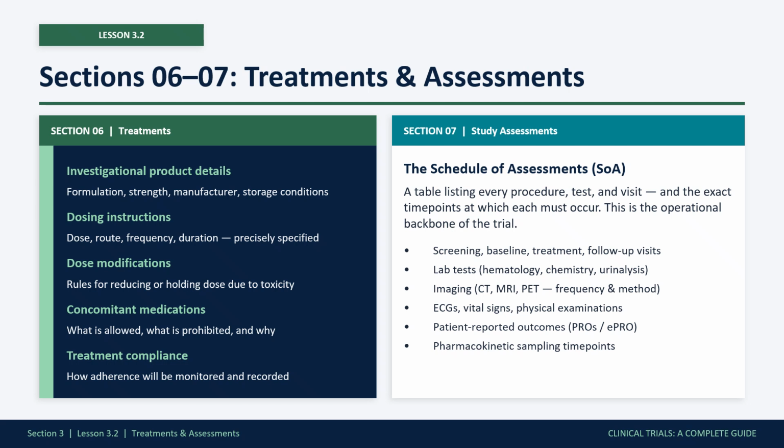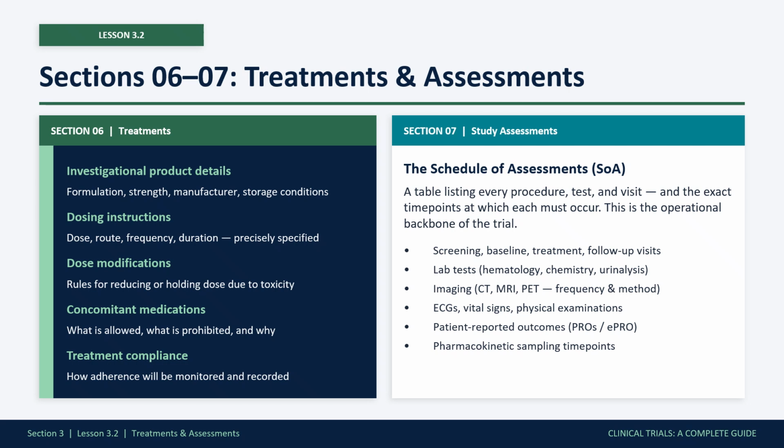Dose modification rules, what to do if a patient experiences toxicity: hold the dose, reduce it, or discontinue. Concomitant medications, what's allowed while on study and what's prohibited and why. And compliance monitoring, how adherence will be tracked.